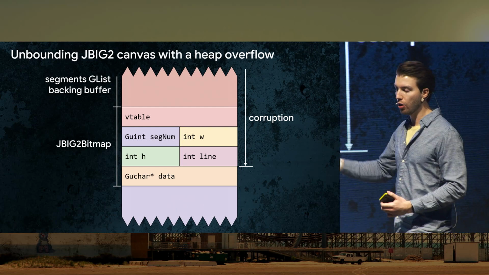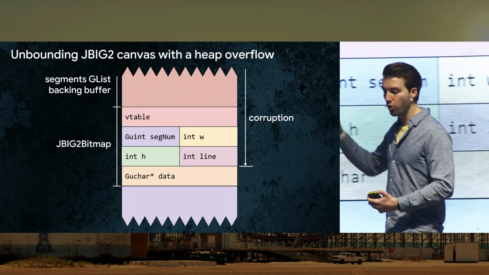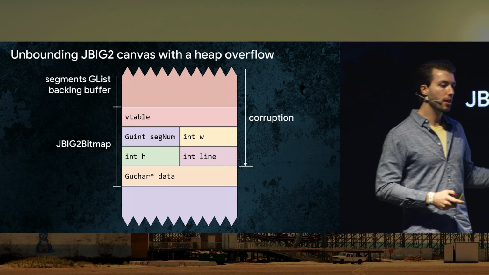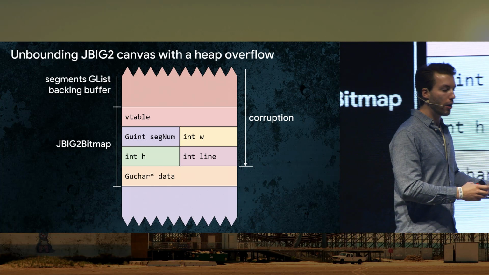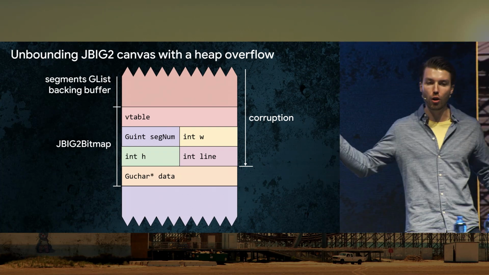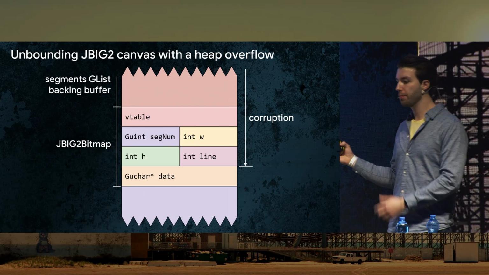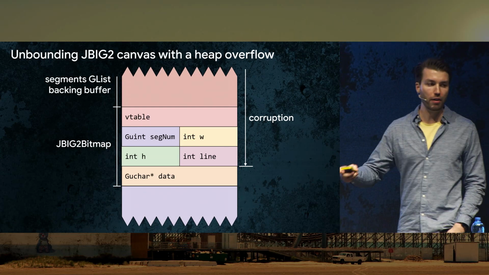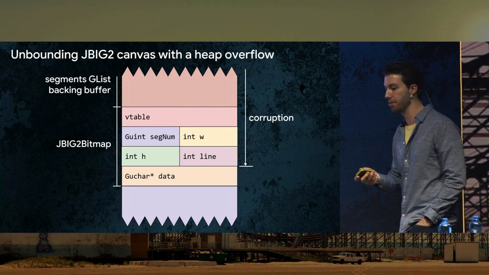If you corrupt one of these bitmap objects with this heap buffer overflow, you end up corrupting the width. Now the bitmap looks really large, and you can perform your operations on kind of all of memory. This is a fairly standard exploitation trick: just make some buffer look really big, and then use it.